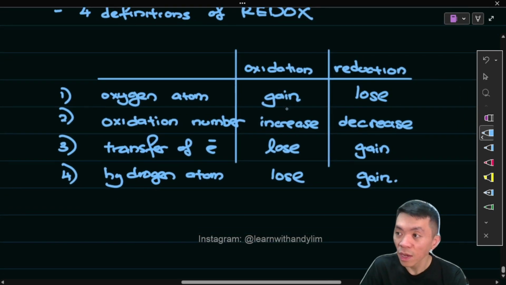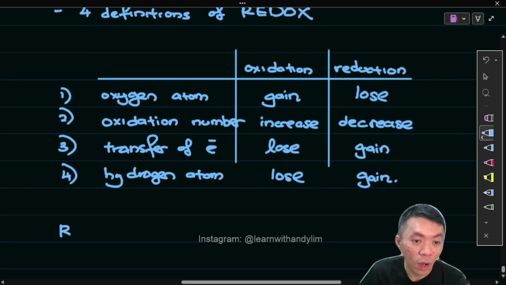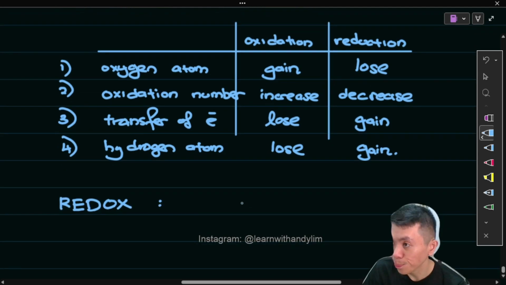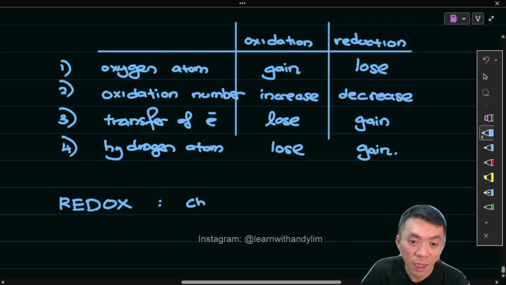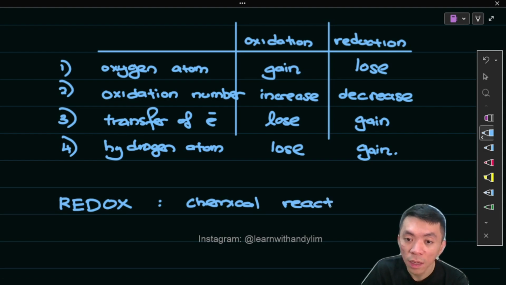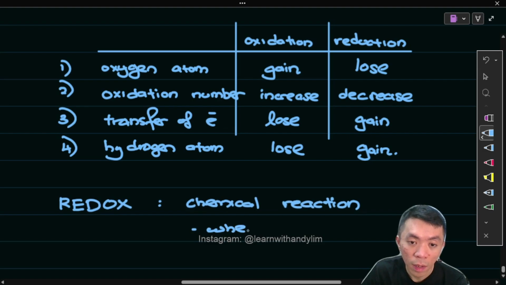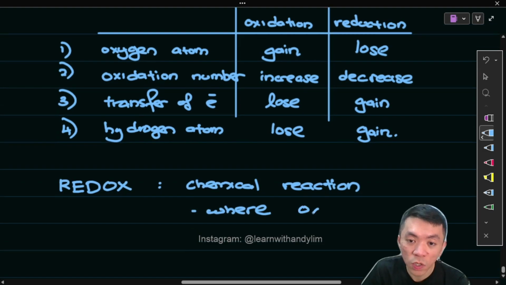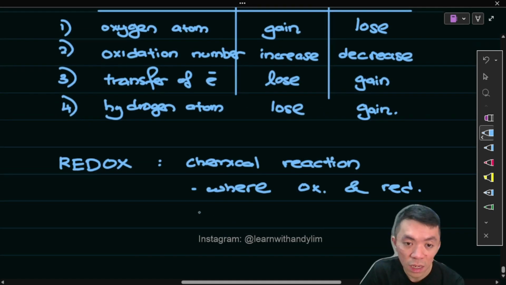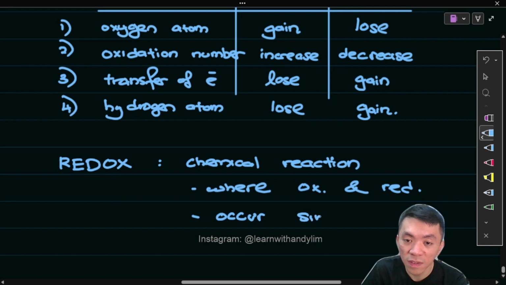If they ask in the exam, what is redox? You want to write: chemical reaction where oxidation and reduction occur simultaneously at the same time.